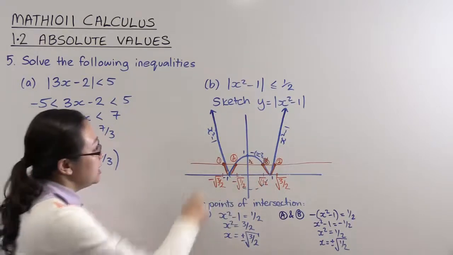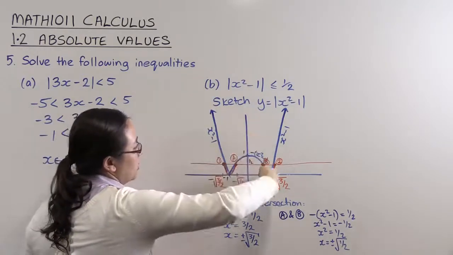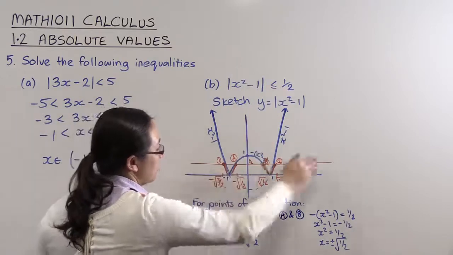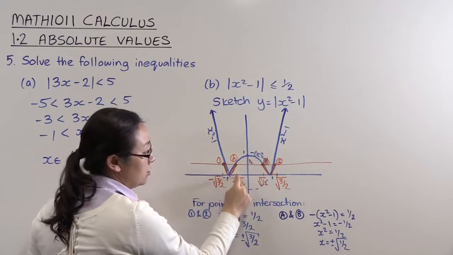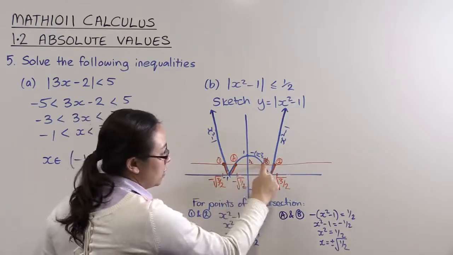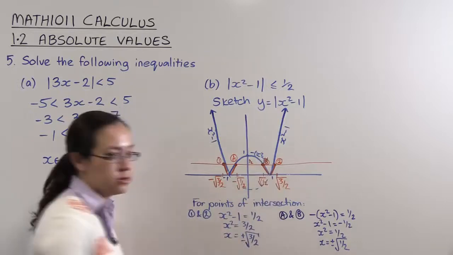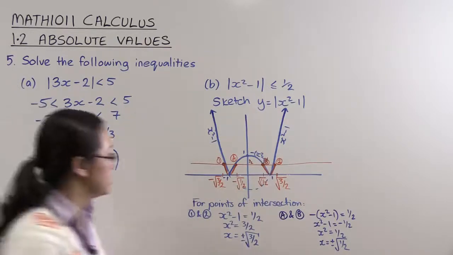So we can see the absolute value of x squared minus 1 looks like this, and its y value is less than a half in between minus root 3 on 2 and minus root 1 on 2, and between square root of a half and square root of 3 on 2. So we can write down our answer.